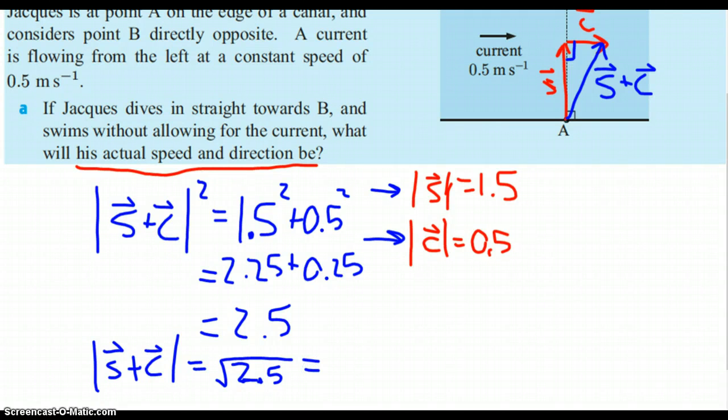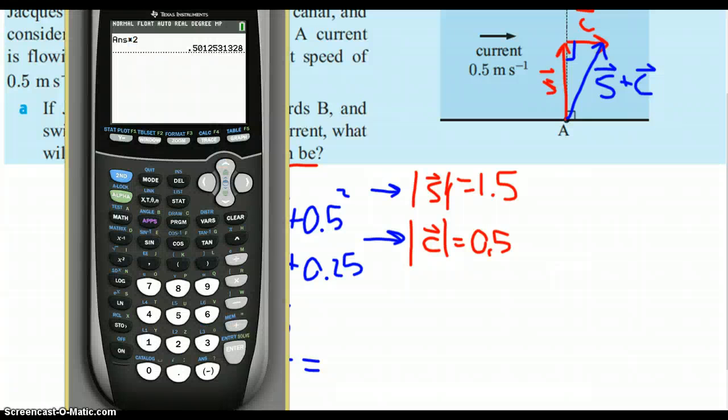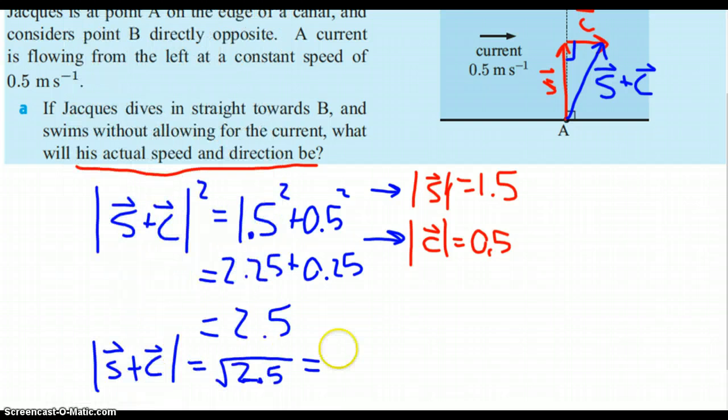Square root of 2.5, and we get 1.58. We'll round to the hundredth. 1.58 meters per second.